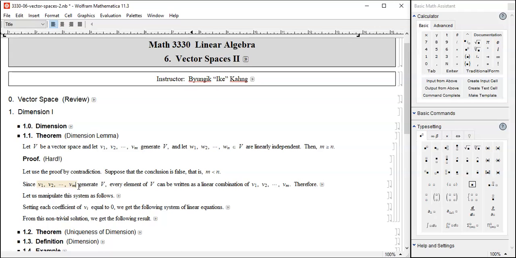V1, V2, V3 all the way to Vm generate capital V. So every vector in capital V can be written as a linear combination of V1, V2, V3 all the way to Vm. That is the definition of generating. In particular, we're going to apply this to W1, W2, W3 all the way to Wn, because these are vectors of V.